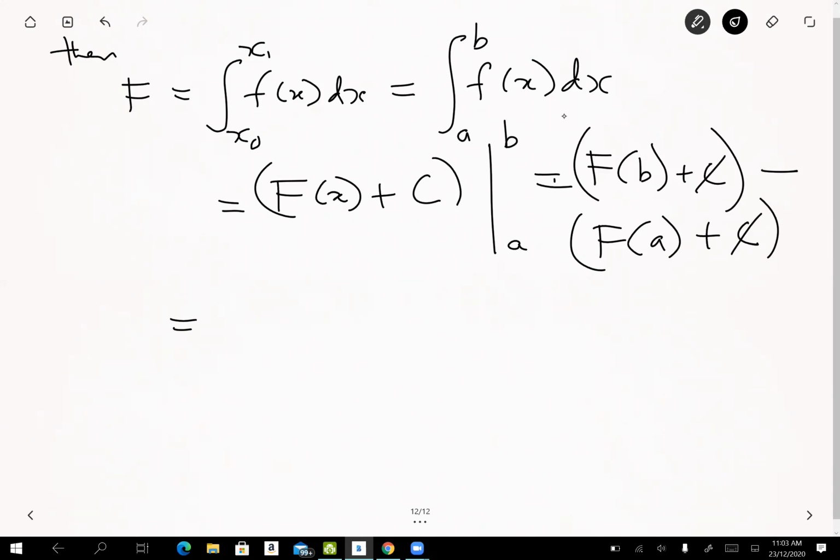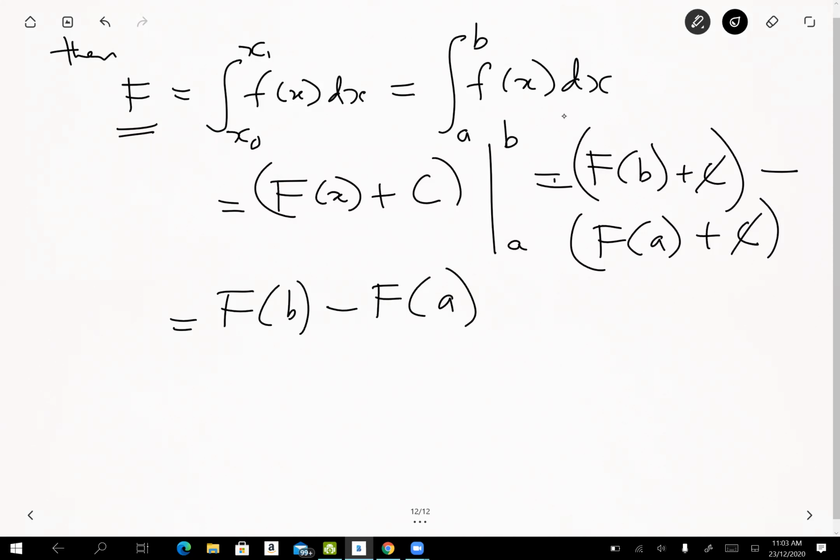So what I have is capital F at b minus the value of the integral at a. So don't worry about the constant, because at the end, the constant will cancel out. So that is the definite integral. You take the difference, F(b) minus F(a), and you get a specific value, F.